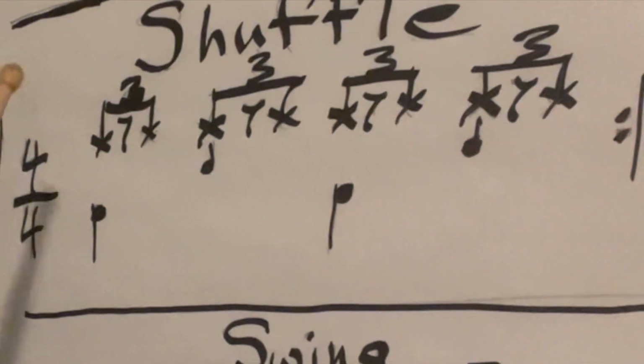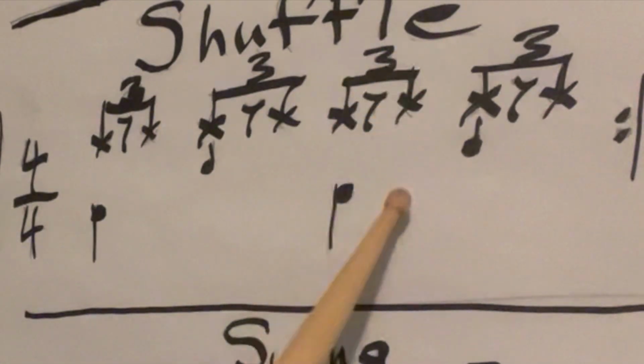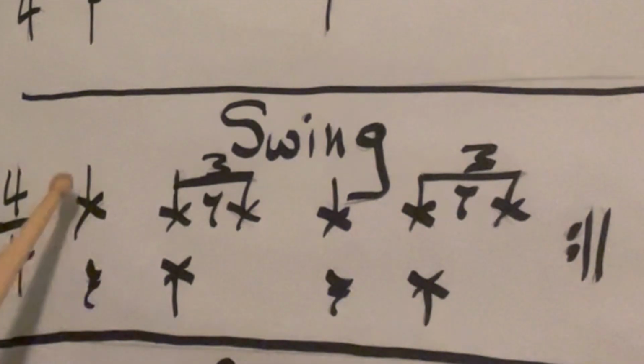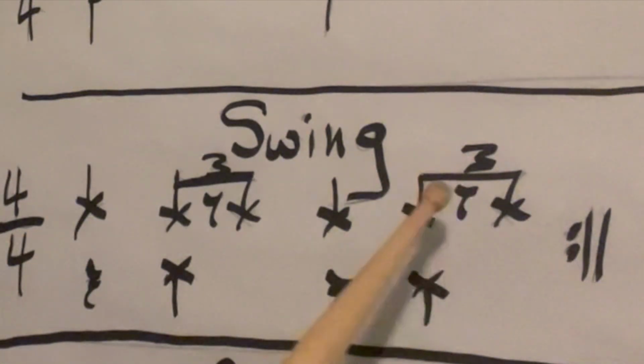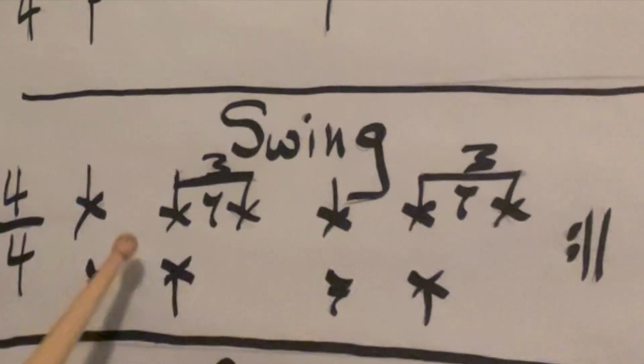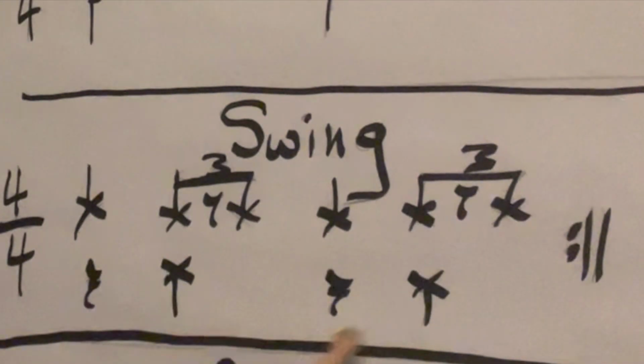If we remove these two notes from the shuffle pattern, we will have a swing pattern. This rhythm is often accompanied by the hi-hat on the 2 and the 4.